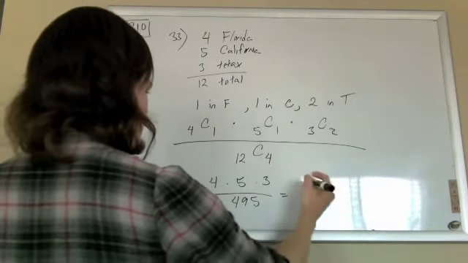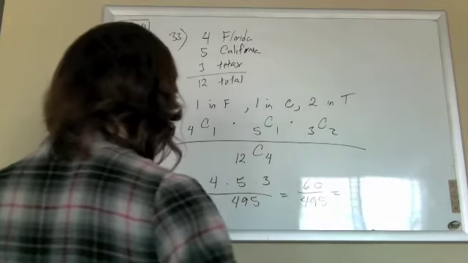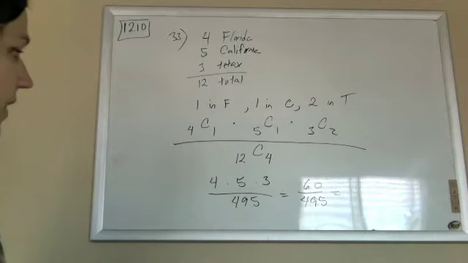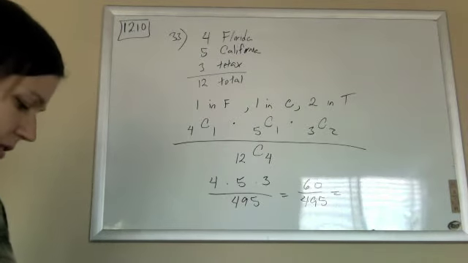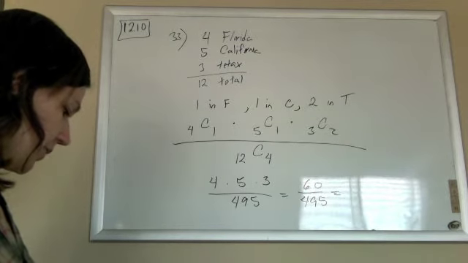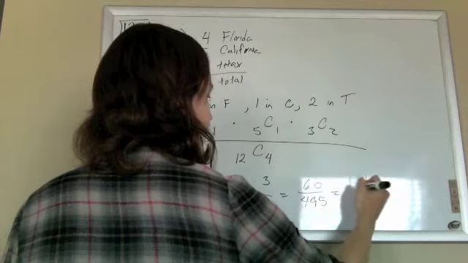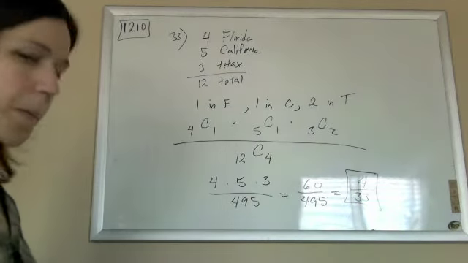So 4 times 5 times 3 is 60 over 495. Let's see if they give that as a decimal. Nope, they just simplify it. So they do 60 divided by 495. If you simplify that fraction, you get 4 out of 33. There we go.